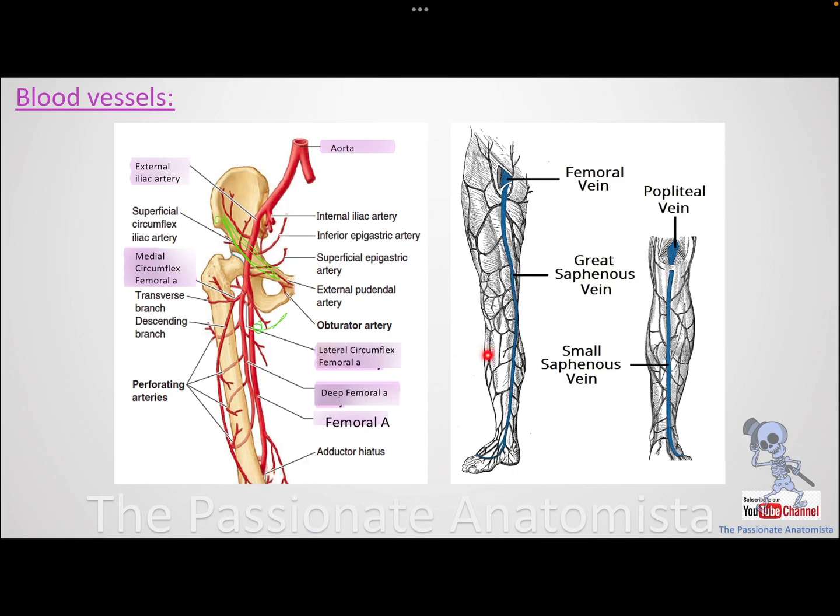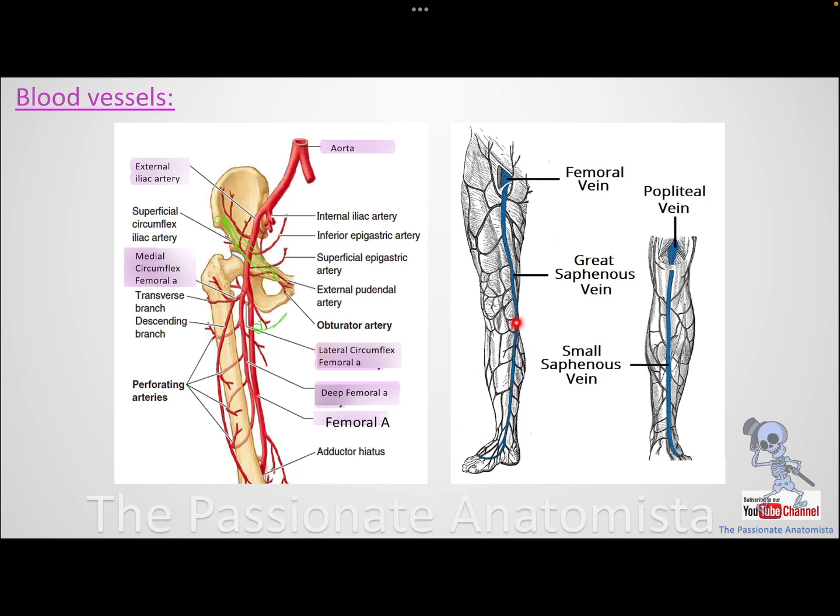All right, and talking about the superficial veins, we have two important veins. They start at the dorsal venous arch, exactly like the cephalic and basilic in your upper limbs. You have the great saphenous vein. It starts from the dorsal venous arch and it goes medially all the way.